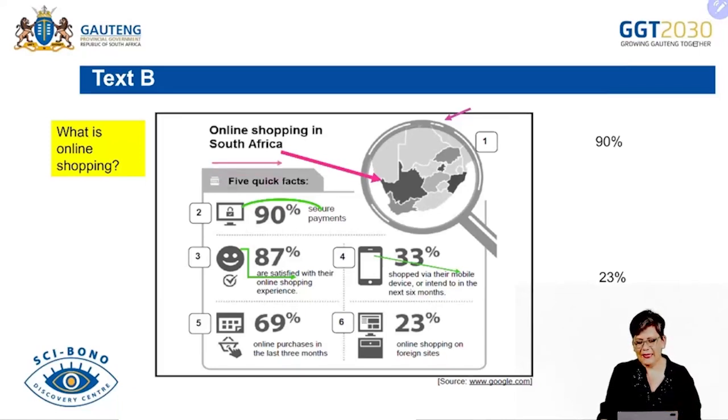Now, the next thing is South Africa. So we know this infographic is all about South Africa specifically. Now, very clever. If you look at the magnifying glass, you'll see they've included South Africa. Why? Always keep that in mind. Why is the big question.